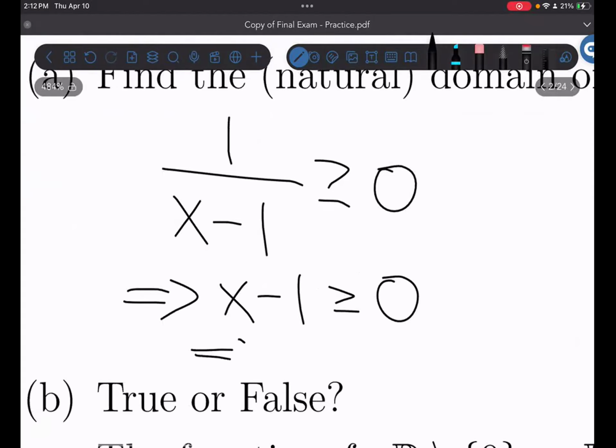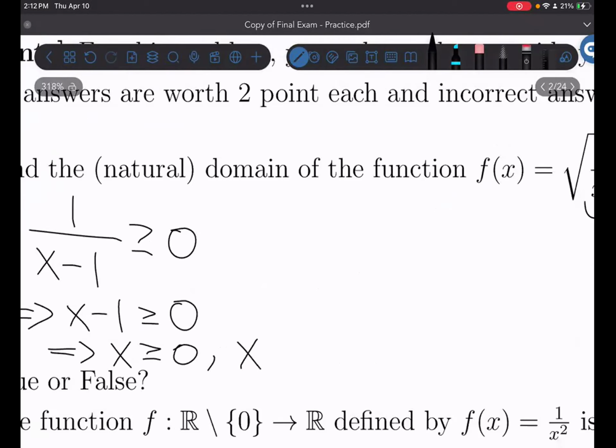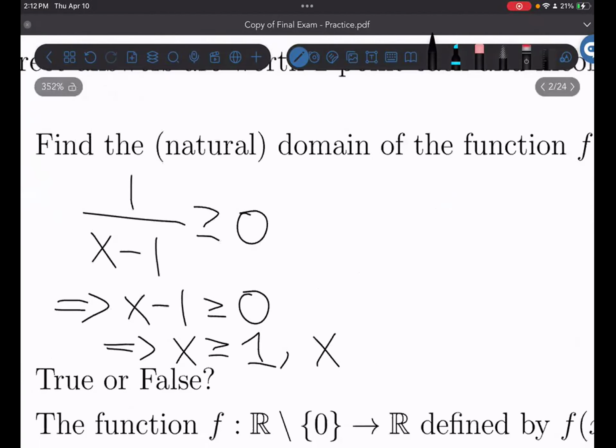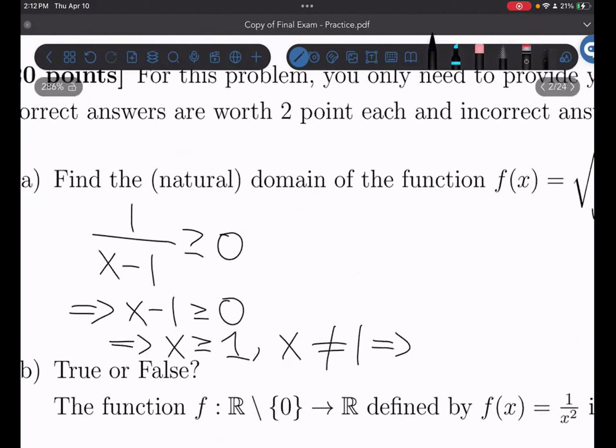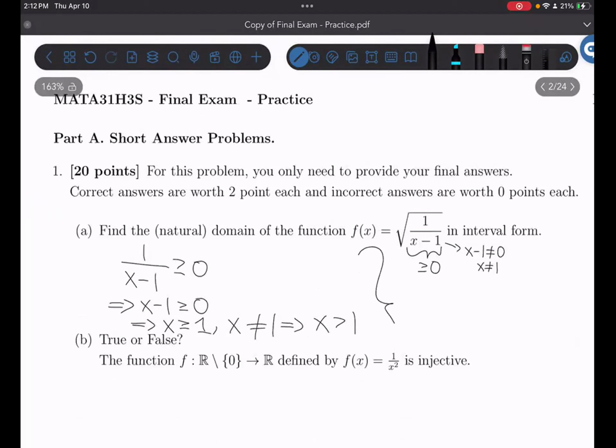So we notice that our x has to be greater than or equal to zero, and our x has to be greater than or equal to one, and our x cannot equal one. So our x has to be greater than one. In interval form, it would be from one to infinity.